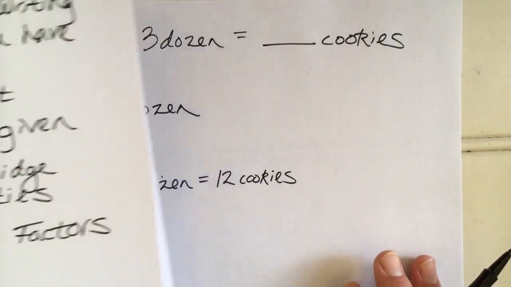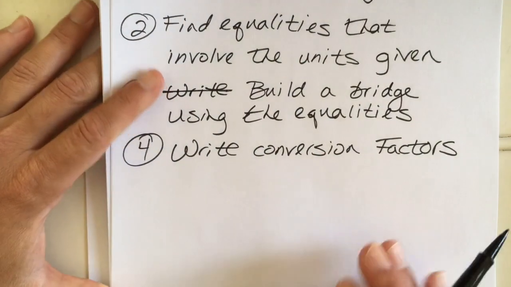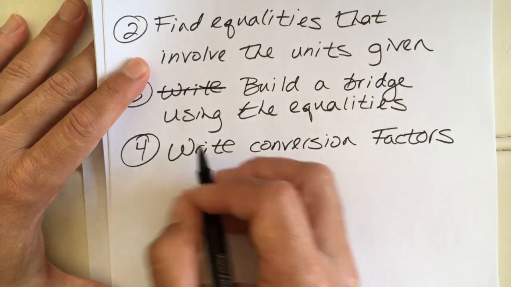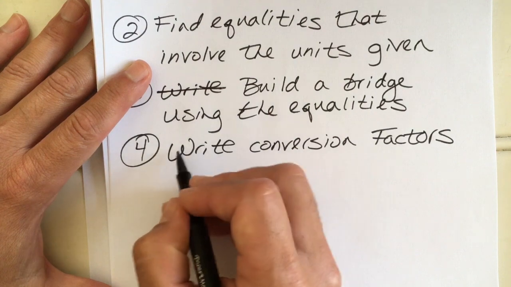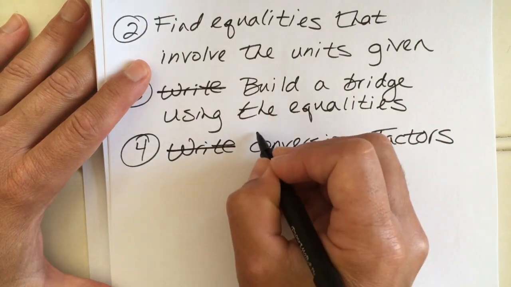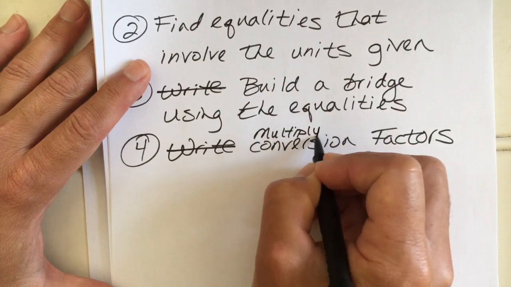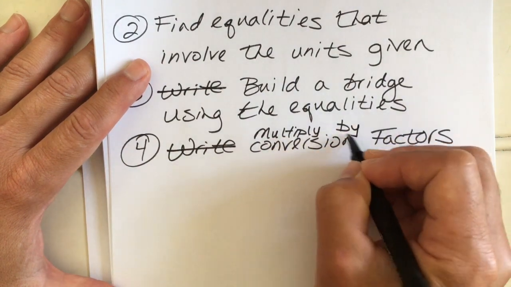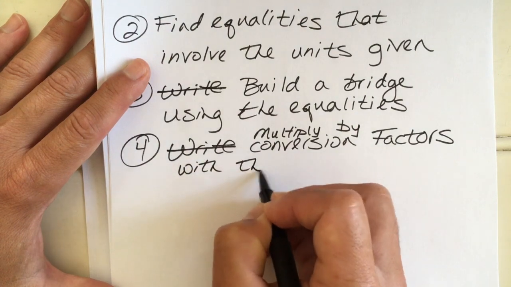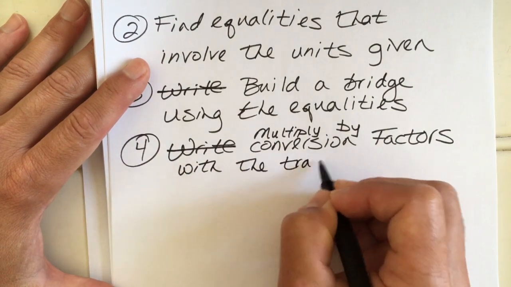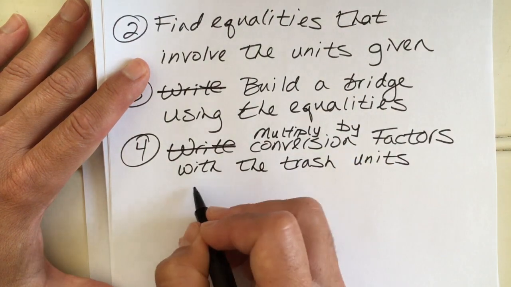And then rule 4 says write conversion factors. Now let's be a little more specific here. Write conversion factors, or maybe instead of write, why don't we say multiply by conversion factors with the trash units canceling.